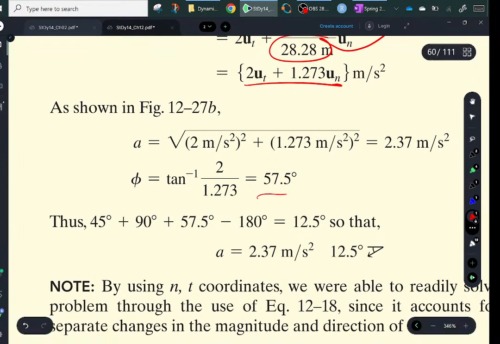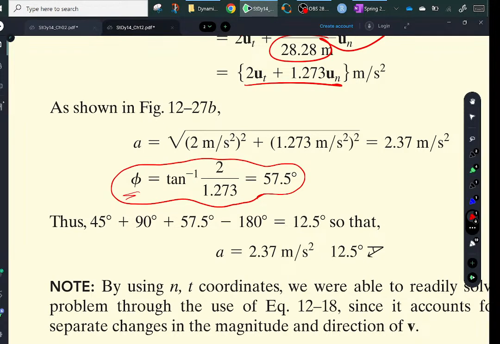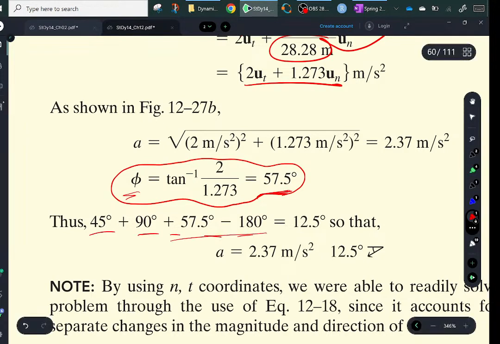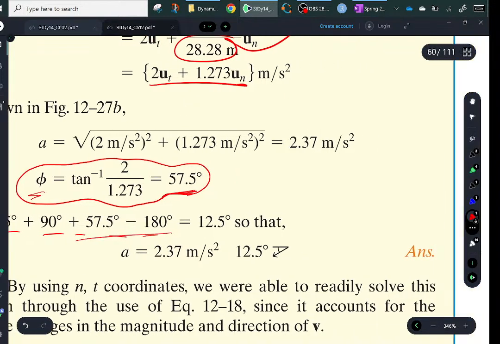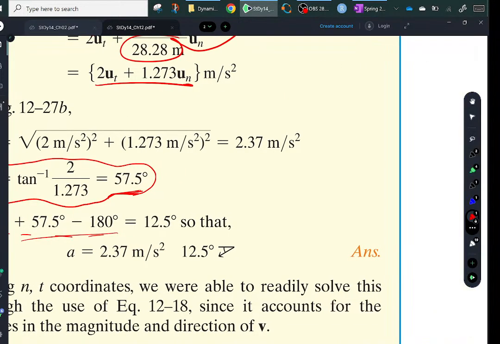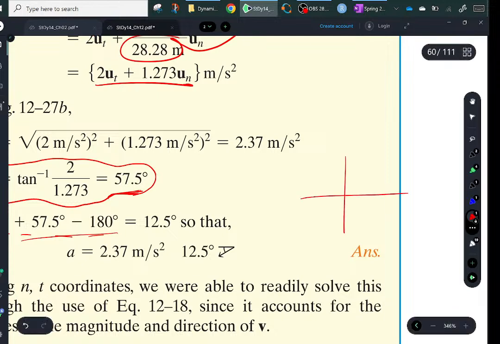Another thing, I probably should bring this up. So here he found this angle, and it's 57. Now what he's doing is he's going through this. There are times in here, and I can't remember if it was in this course or statics or both, in which he may say, I want you to give me the angle with respect to this.